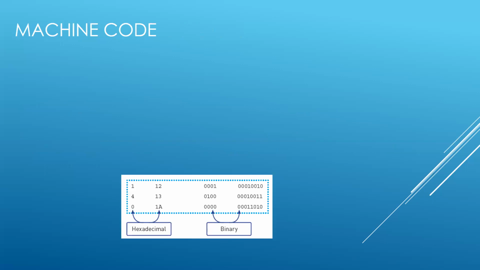Machine code is binary code. This is the example that is mentioned. The binary code is zeros and ones, and hexadecimal. By the way, if you recall hexadecimal, that is also something that computers understand, because a computer can work on hexadecimal values easily.